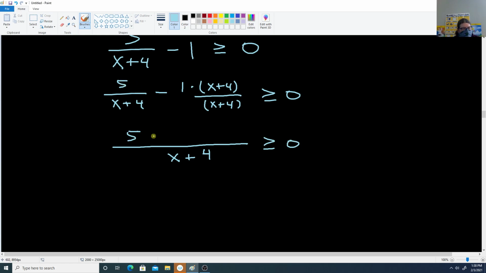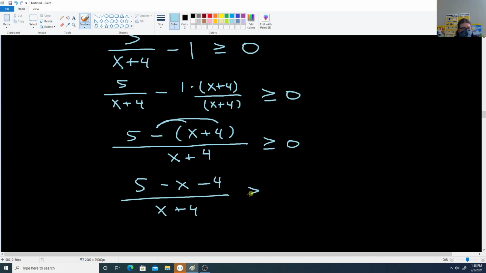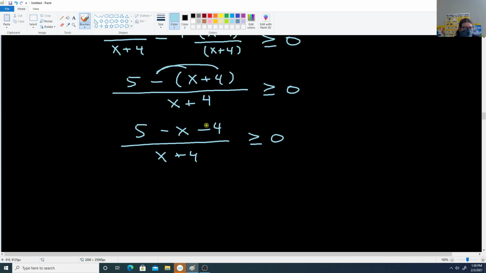So we have 5 minus 1 times x plus 4 is minus x plus 4. We'll distribute the negative. And we get 1 minus x over x plus 4 is greater than or equal to 0.